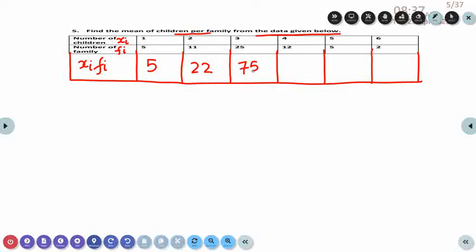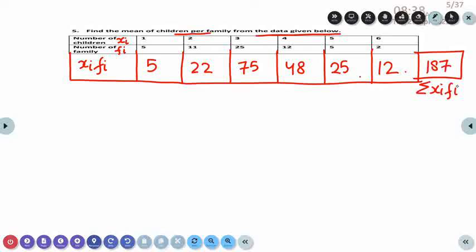So these are the values of xi fi: 5, 22, 75, 48, 25 and 12. On adding these, we get sigma xi fi as 187, and sigma fi will be 5 plus 11 plus 22 plus 12 plus 5 plus 2, which comes out to be 60.